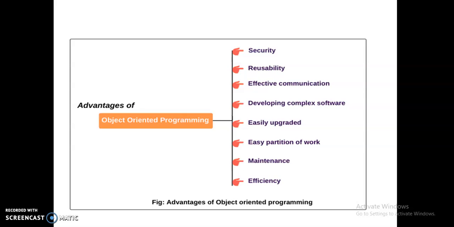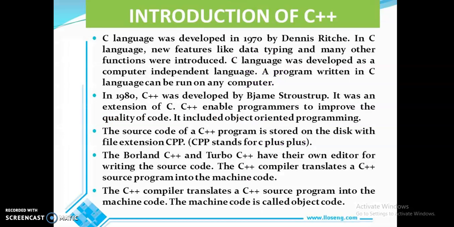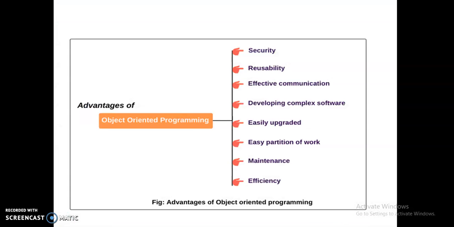And then the advantages of object-oriented programming, which I already told you: work reusability, effective communication, developing complex software, easily upgraded, easy partition of work, maintenance and efficiency. So these are all the advantages of the OOPS concept.